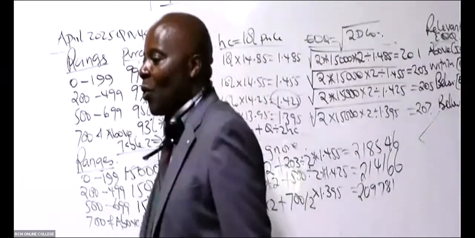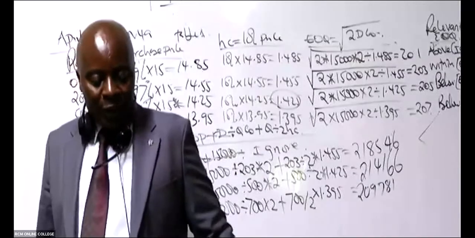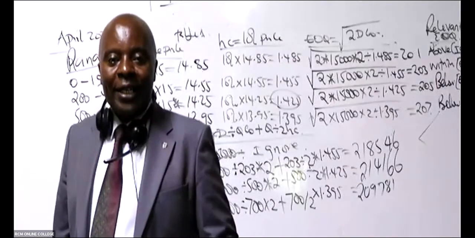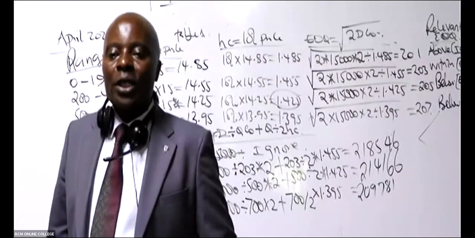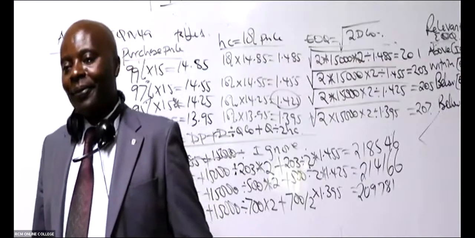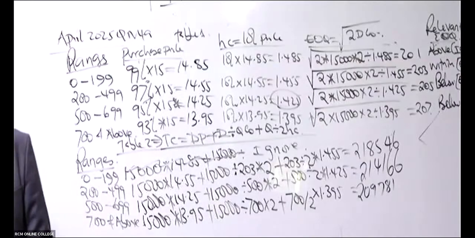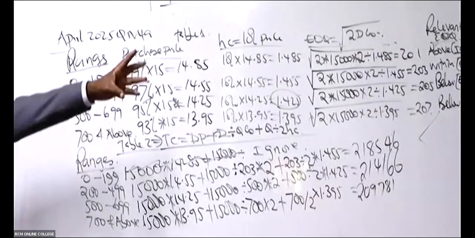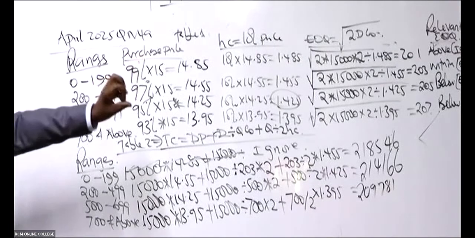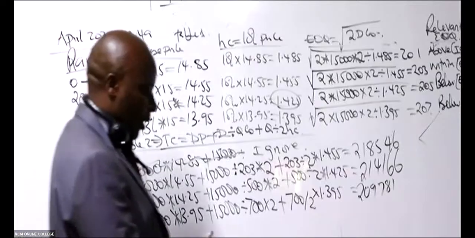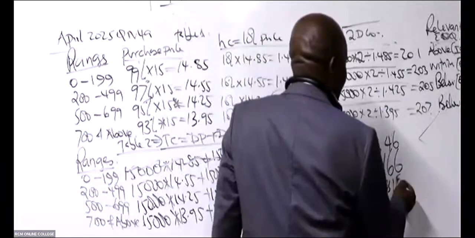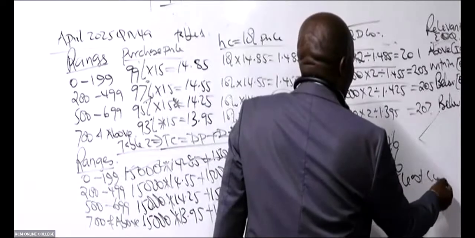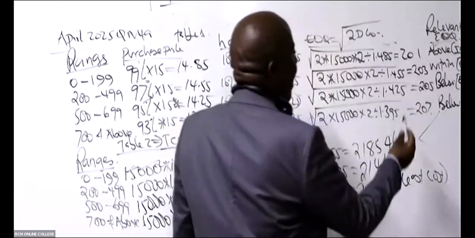So then amongst the quantities that you have been able to evaluate their total cost, which one is the least cost quantity? What are you recommending in this case for these guys to buy? Remember, you have those relevant EOQs. So the one that has got the least cost, isn't it? This is the least cost. And therefore the company should buy how many units here?